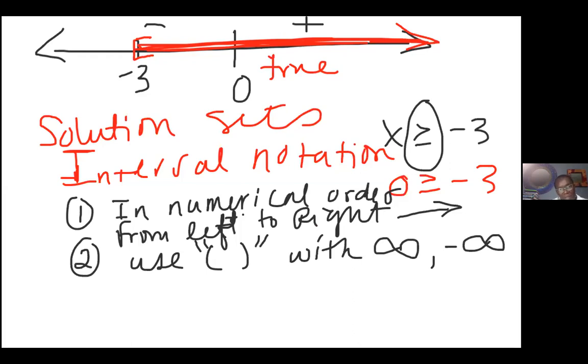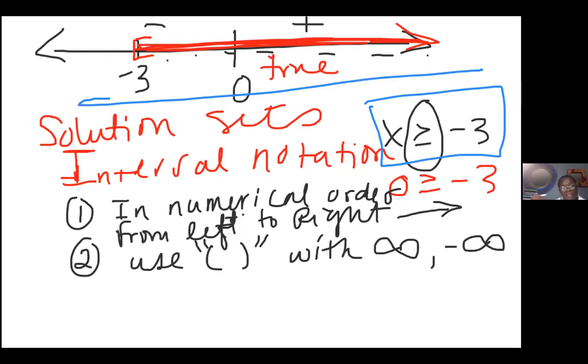So in the meantime, what I would recommend you do is to go ahead and graph the problem, and use the graph as a guide to help you write your interval notation. So for example, if I wanted to express this solution set right here in interval notation, I would go ahead and graph it and then use the graph as a guide. When I write interval notation, guys, I start on the left, right here.